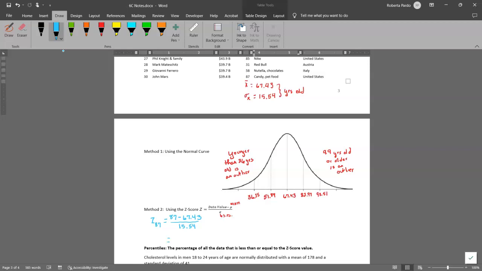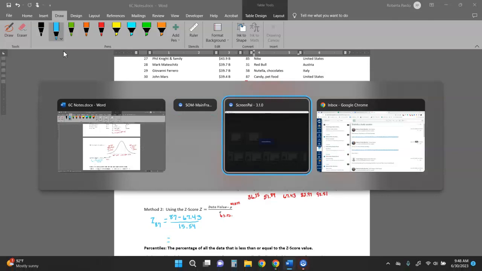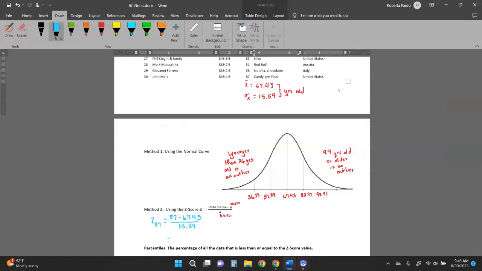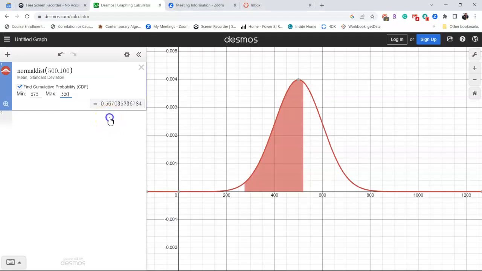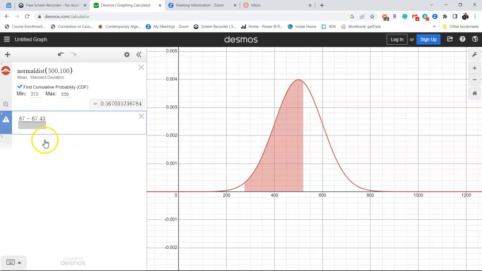When we compute this, we can just go to Desmos. I'm going to hit the divide key first, which gives me that fraction bar. Now I have the 87-year-old minus the mean, 67.43, and then the standard deviation on the bottom, 15.54.